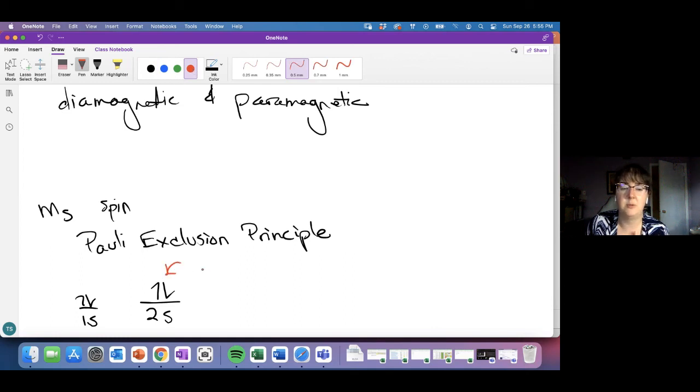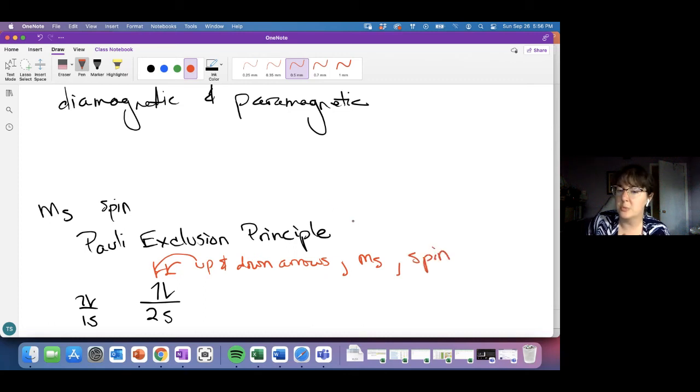So this notion that we've been drawing up and down arrows is actually indicating your m sub s value, which is indicating spin.